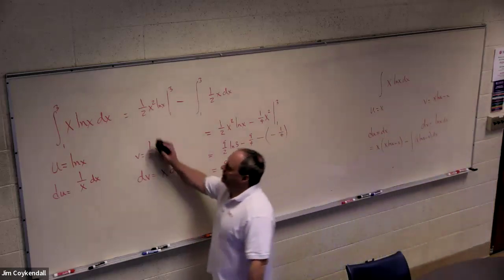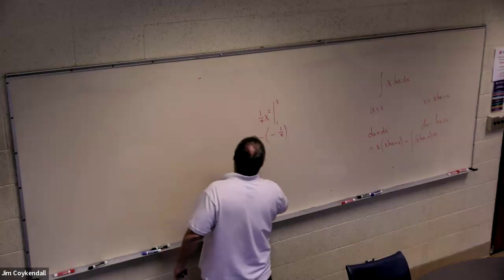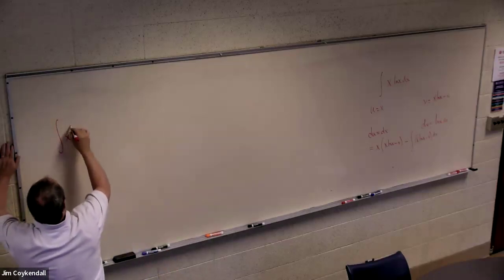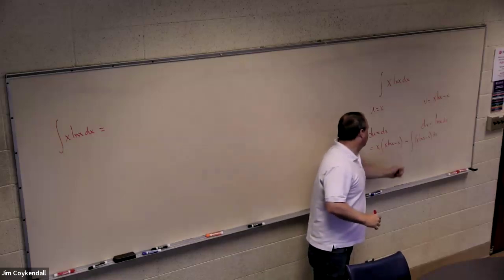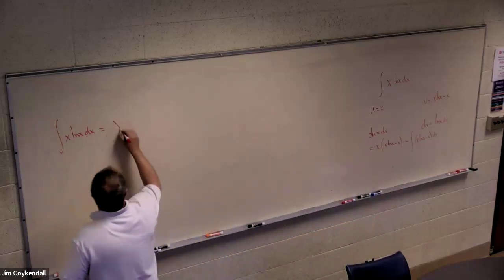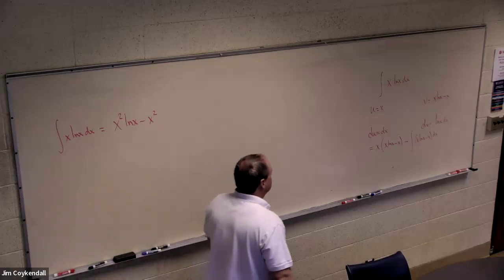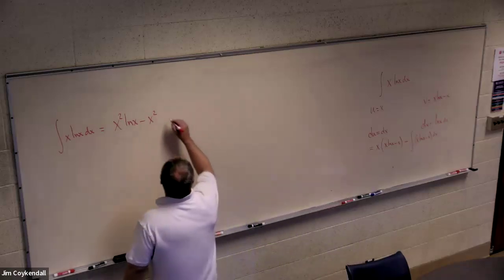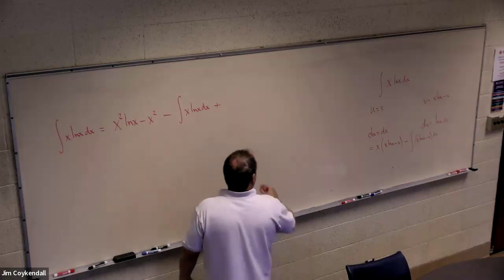Let me clean this up a little bit. Now, what I have is the integral of x log x dx is equal to x squared log x minus x squared, and then I'm going to get minus the integral of x log x dx plus the integral of x.